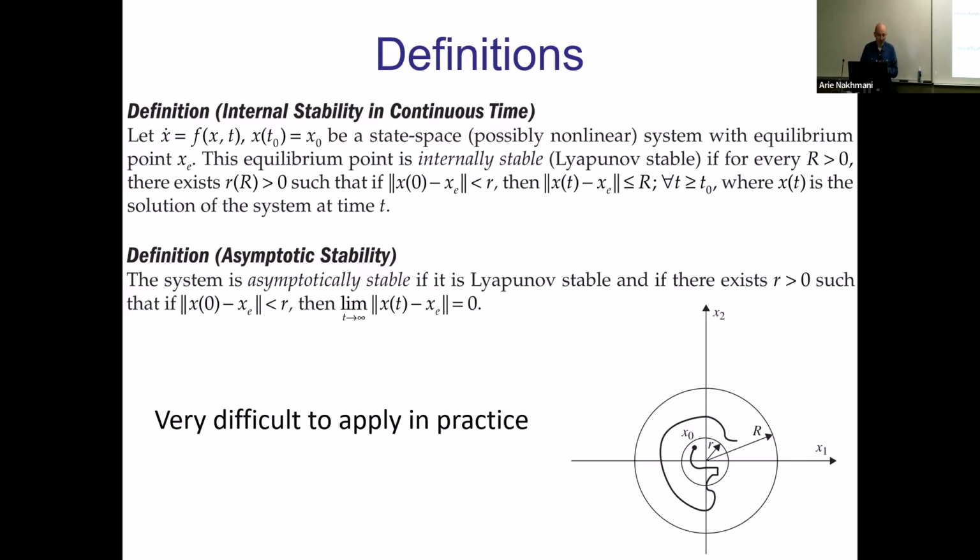And obviously that type of stability is very difficult to apply in practice, right? You have an infinite number of possibilities for the initial point within my smaller circle. Also, you have an infinite number of possible trajectories inside, and it's also n-dimensional, not two-dimensional in general, right?